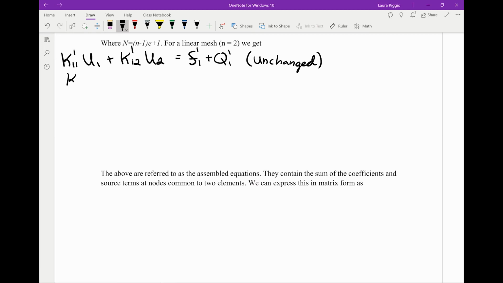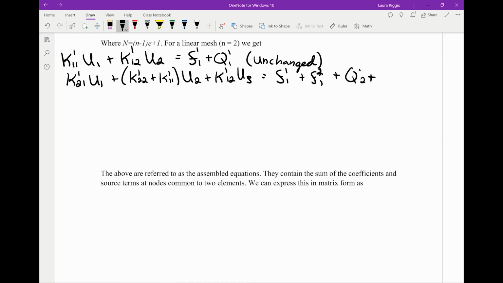Then I want to get K21 U1 plus K122 plus K11 U2 plus K12 U3 equals F21 plus F11 plus Q21 plus Q12. Keep going until I got down to the end.